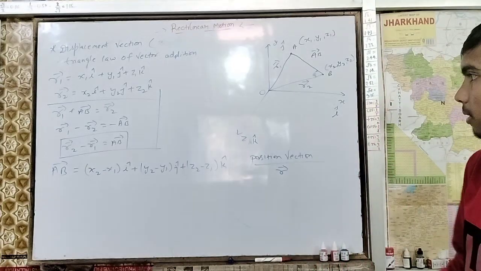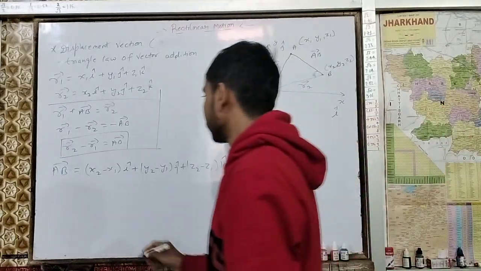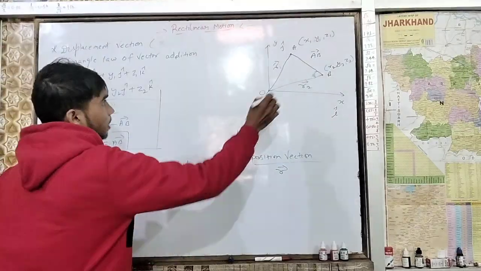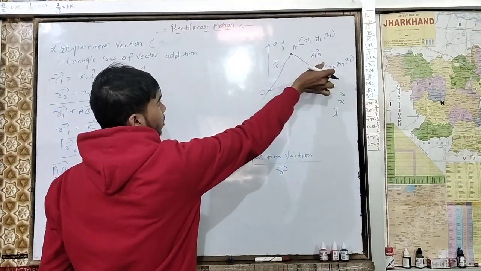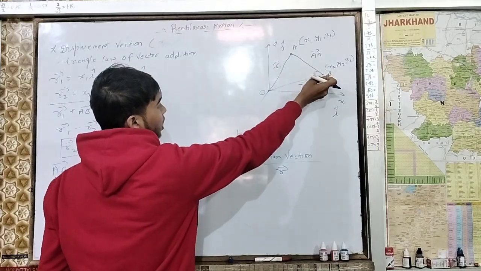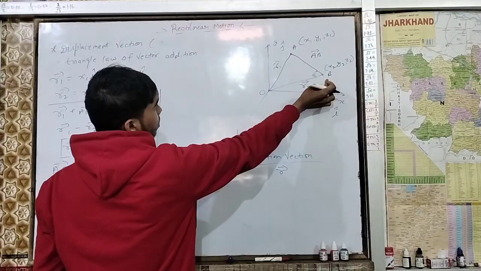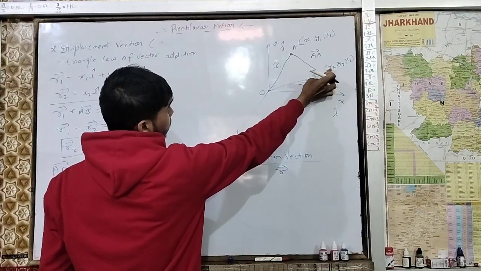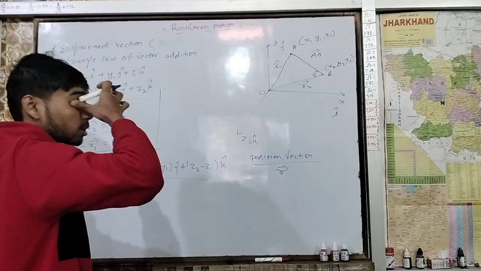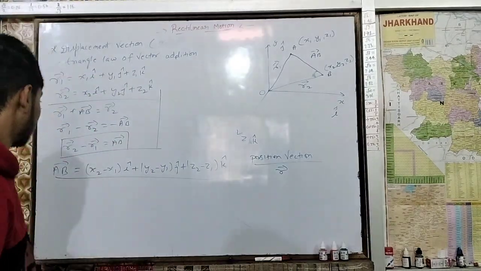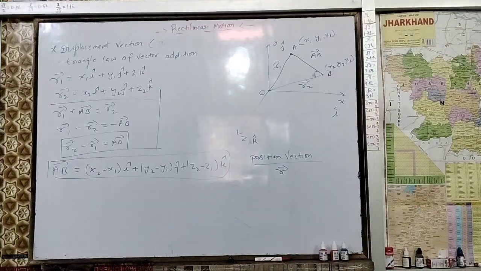It is written in vector form. We just subtract to calculate the location of B according to A. Of course, we subtract x2 minus x1, y2 minus y1, z2 minus z1, and we will get the displacement of the AB vector. I hope you have got it.